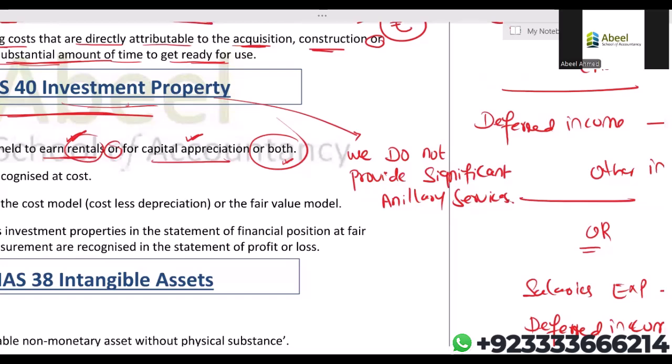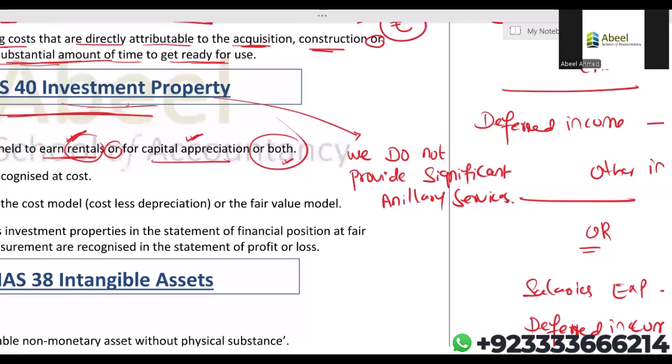Please, the answer is hotel properties. Students, in hotel properties, we also generate rental income. But in case of hotel properties, when we are providing hotel properties on rent and we are getting a rent from our guest, we provide significant ancillary services.